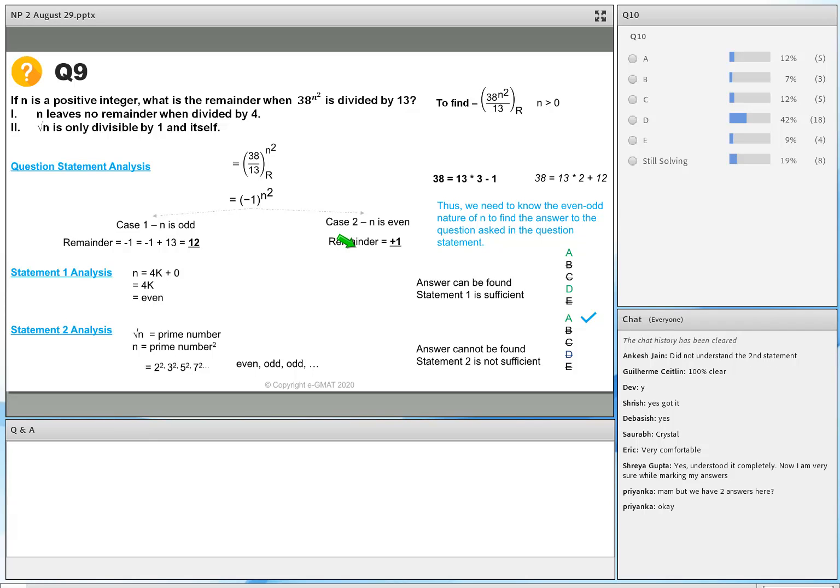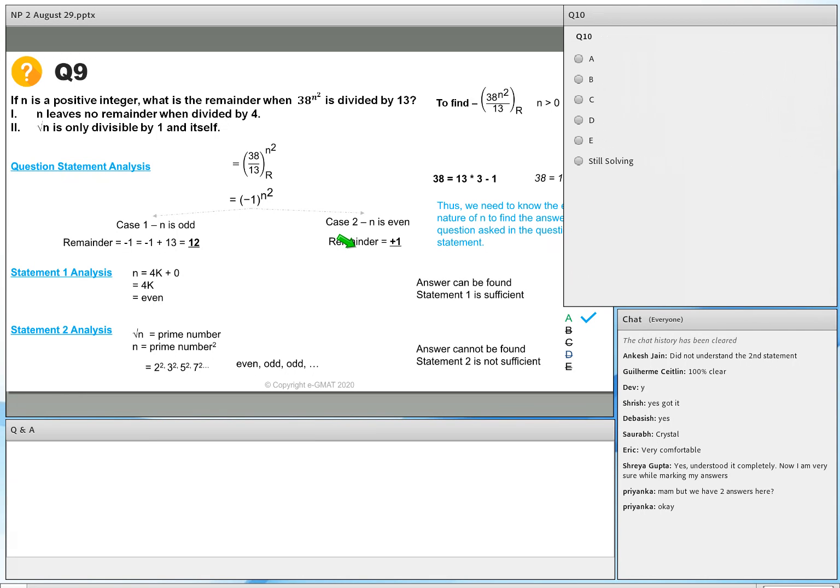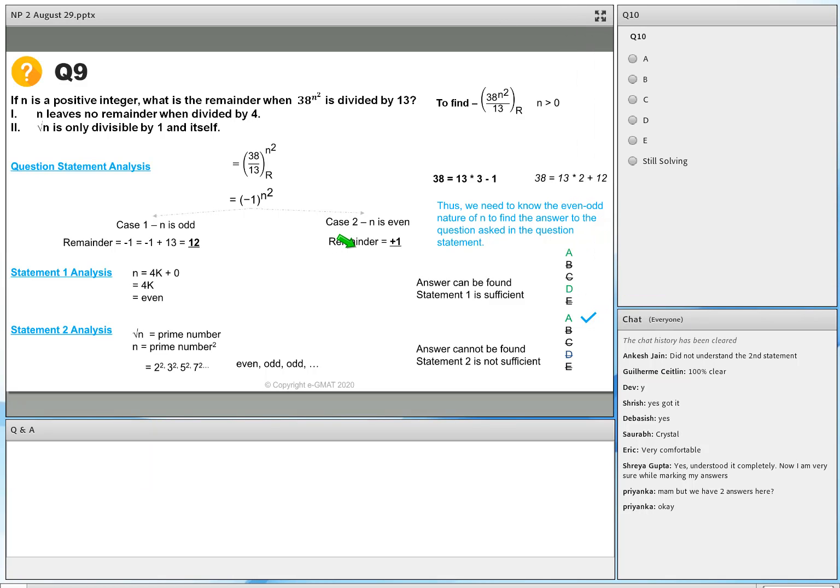This time, now that I'm opening the poll, let's see how you people vote. I'm opening the poll. Mark still solving first. Let's have enough people. Mark still solving.